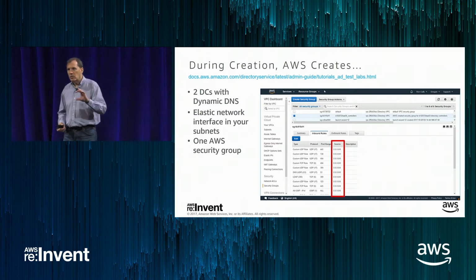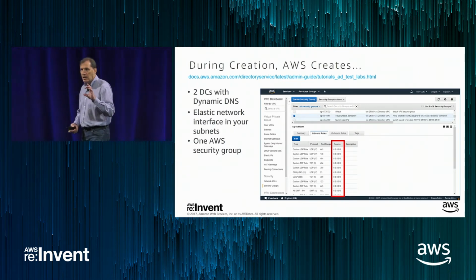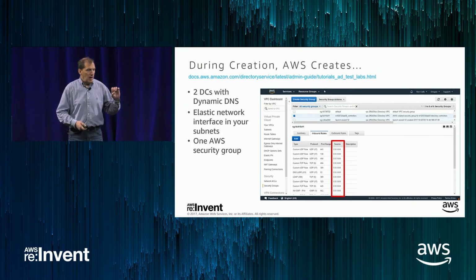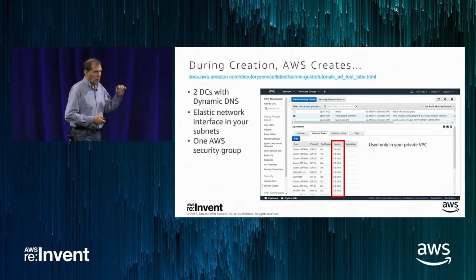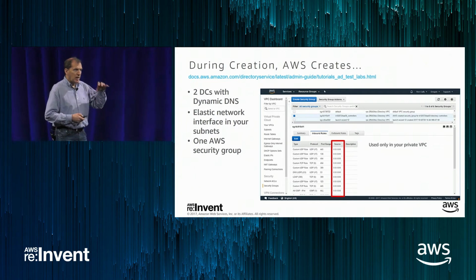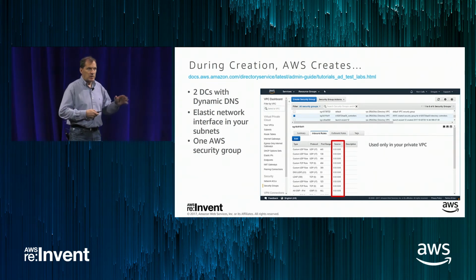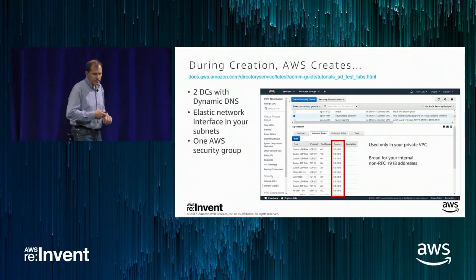Now, these security groups are not on a public ENI. These are on a private interface for those security groups. They're used only inside that private VPC, so they're not something that is a security risk unless you don't secure the traffic into your VPC, in which case you'd want to maybe do something different.